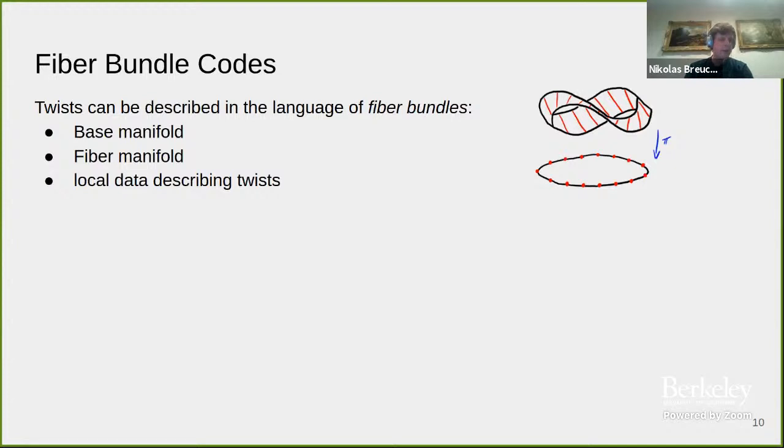Okay, so these twists can be described in the language of fiber bundles, which are objects which are at home in differential geometry. And these are described in terms of a base manifold, and then a fiber manifold, and local data which describes the twists.